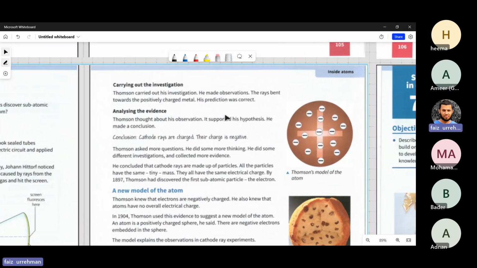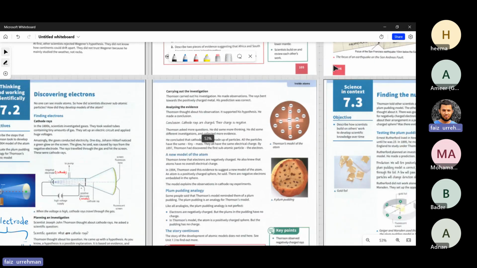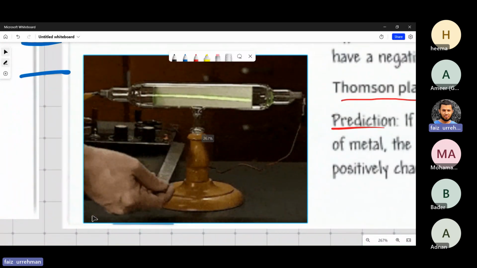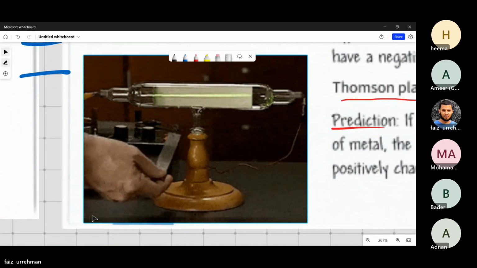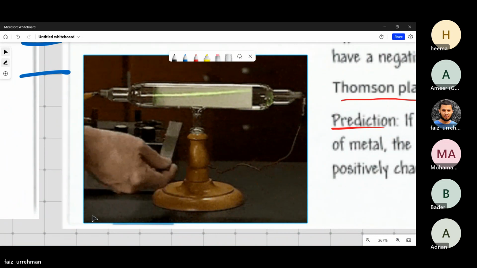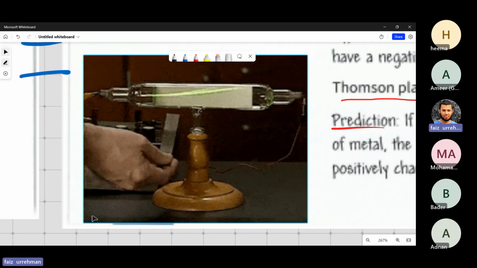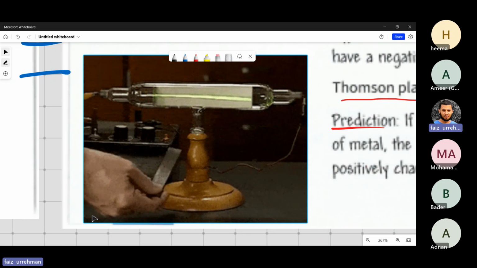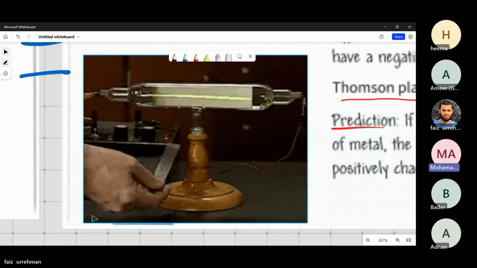Okay, no problem. So, carrying out the investigation and analyzing the evidence. He carried out the investigation and made an observation: the rays bent towards the positively charged metal. So are the rays going away from the metal piece when he brings it, or coming towards it?